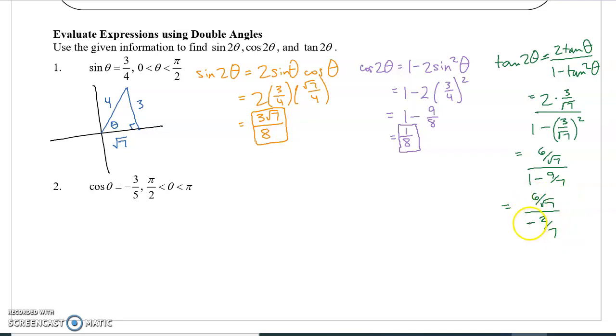So when we divide by negative 2/7, we can multiply by the reciprocal, negative 7/2. So the answer will be negative. The 6/2 reduces to a 3, and the 7 over root 7 should reduce down to a root 7. So that would be your tangent of 2 theta.